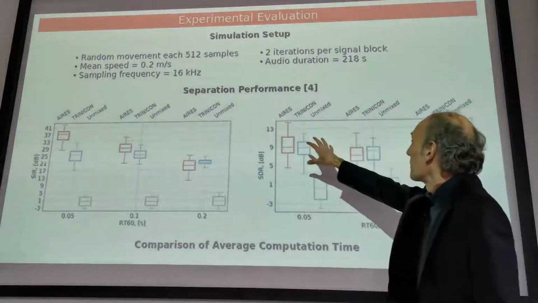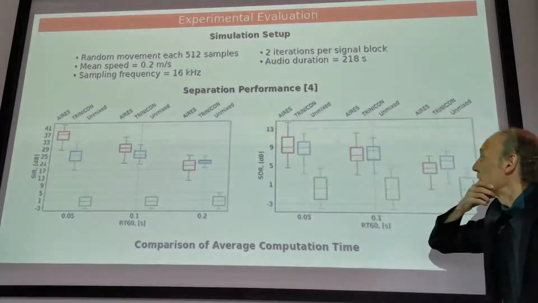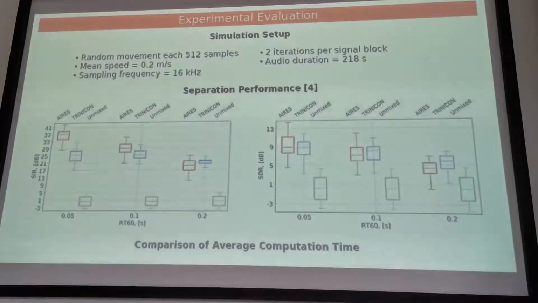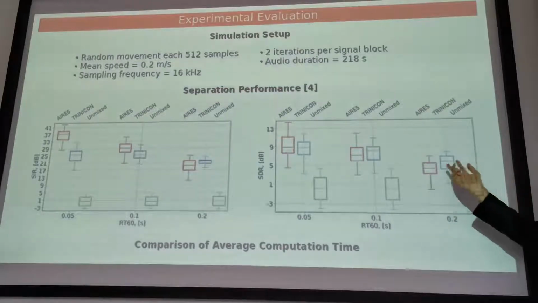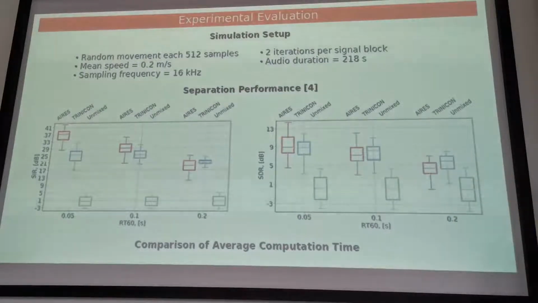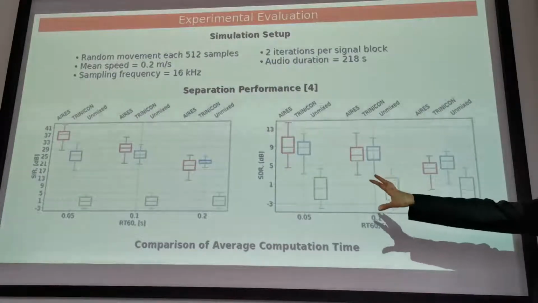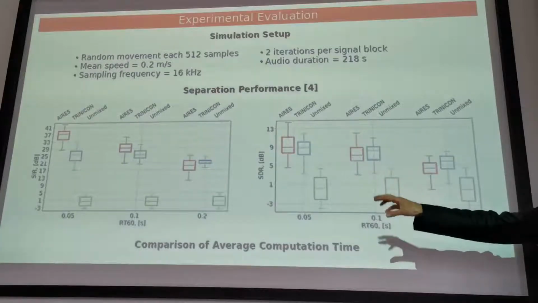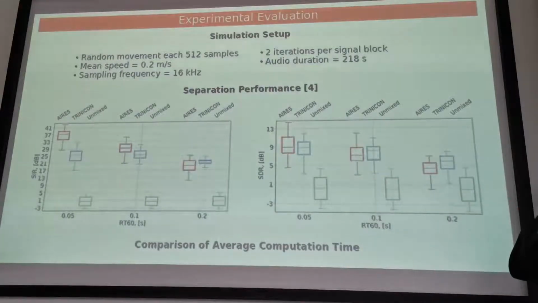But in this case, both IRIS and Trinicon don't really have aliasing artifacts, which is good. So no unnatural sounding artifacts after separation. Makes sense so far? So basically you see our system is competitive or better than state of the art.